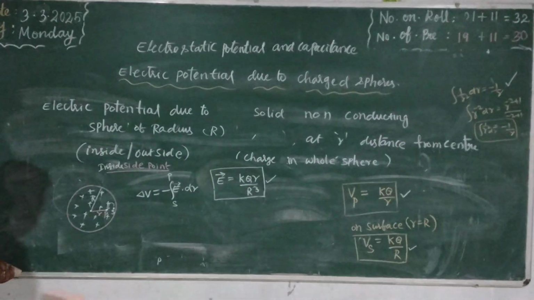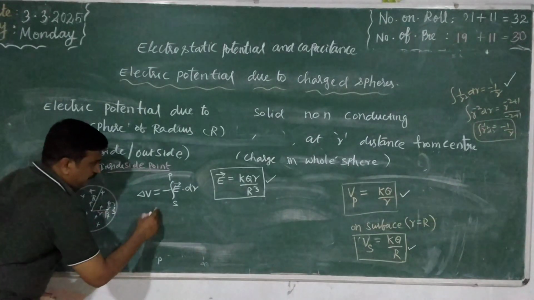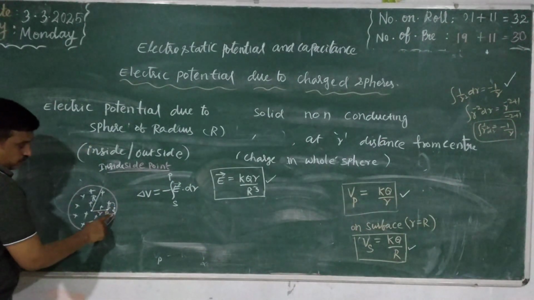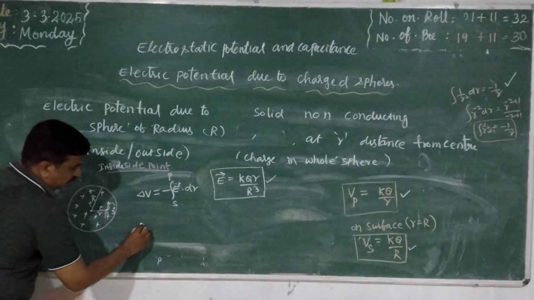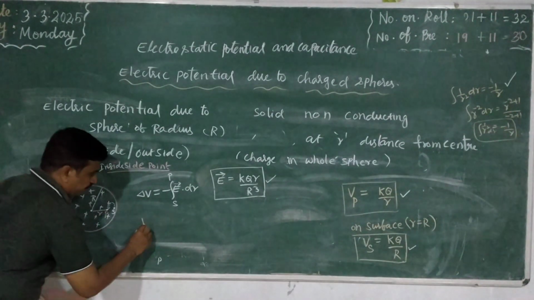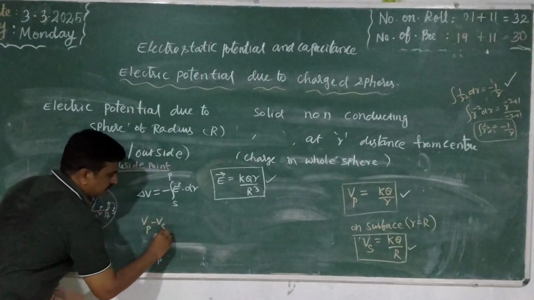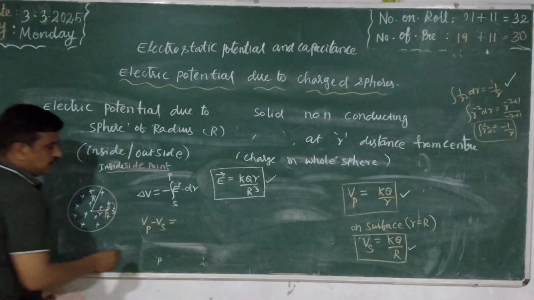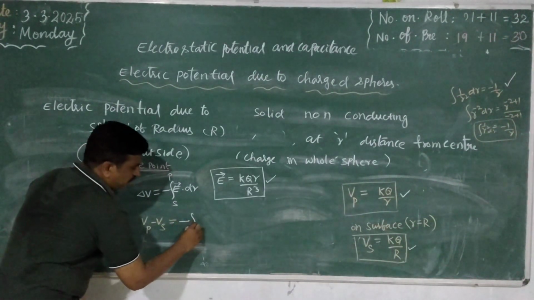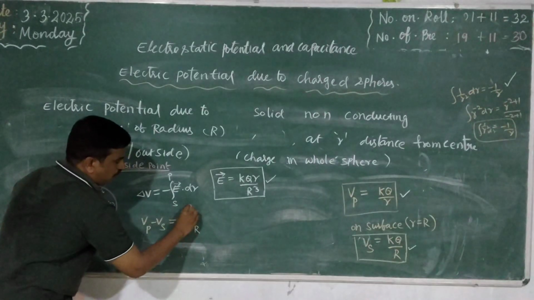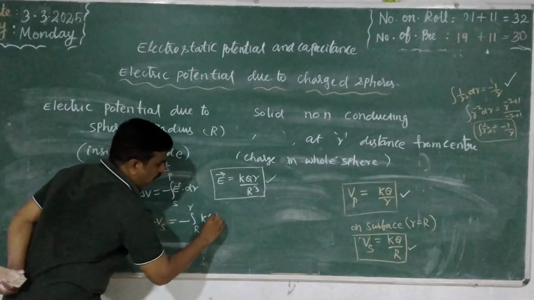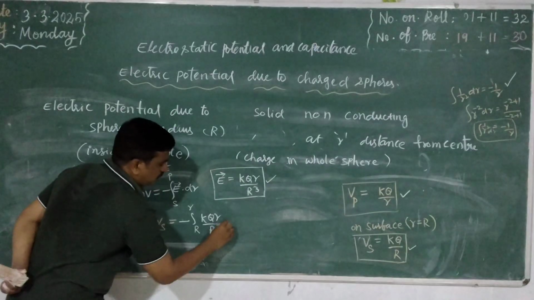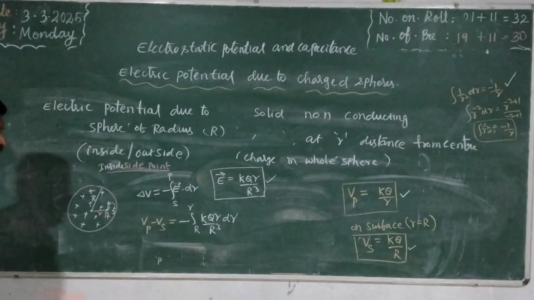See now here I write delta V. Delta V means final point minus initial point, so Vp minus Vs. Potential at P minus potential at S equals minus integral from S, which is capital R, to P, which is small r, of E, which here is KQr by R cube, into dr. KQ by R cube is constant.